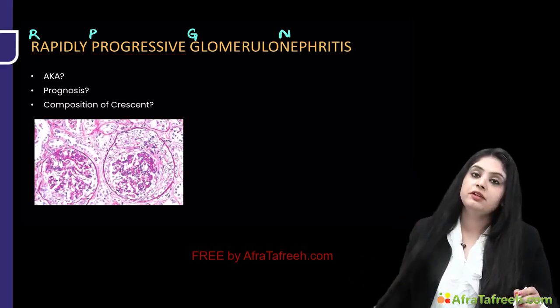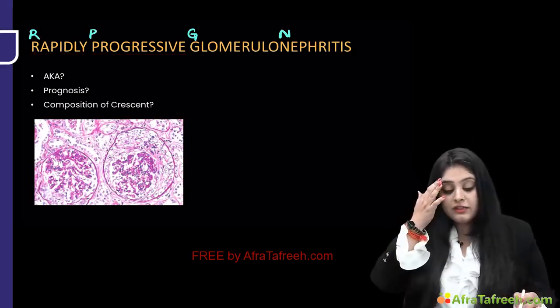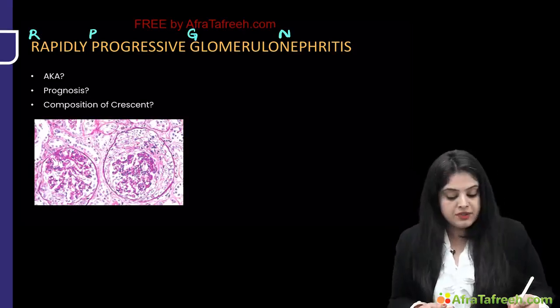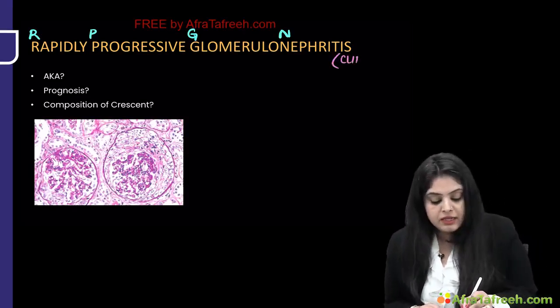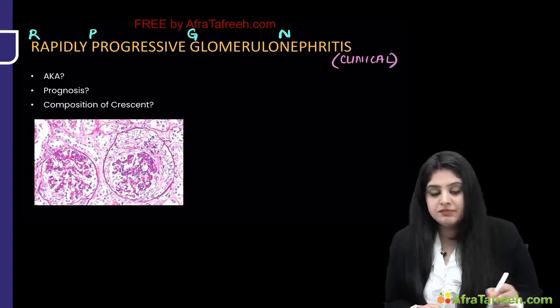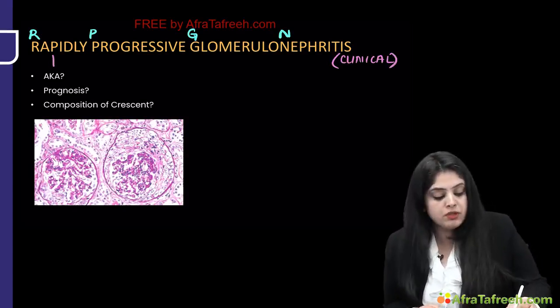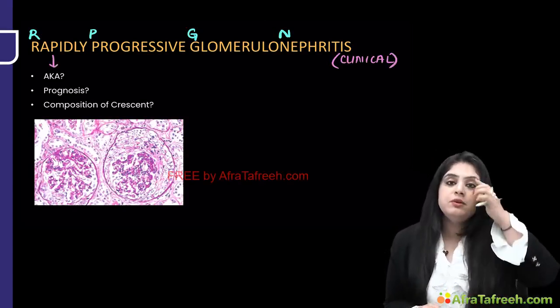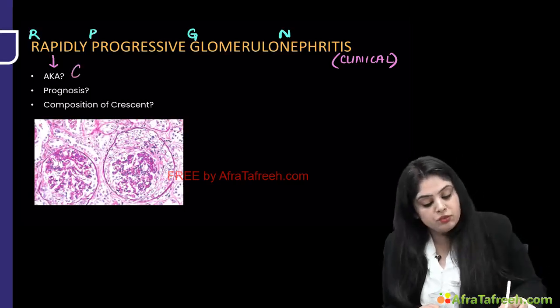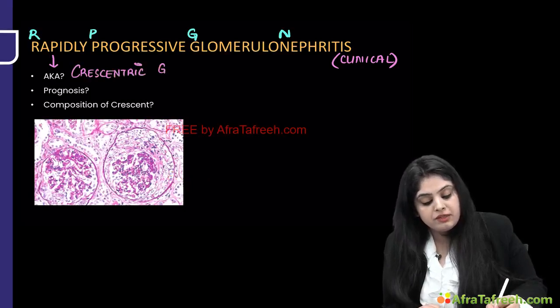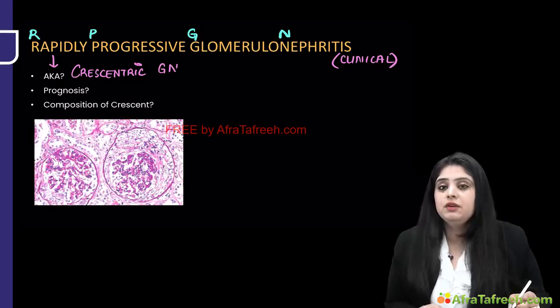So rapidly progressive glomerulonephritis is going to be a clinical term. And I am currently trying to integrate the clinical aspect with pathology. So what do pathologists call it? Rapidly progressive glomerulonephritis is known as crescentic glomerulonephritis.